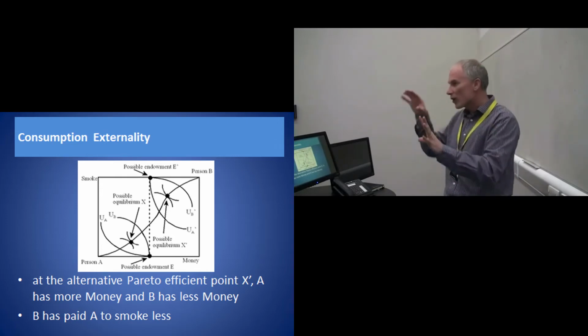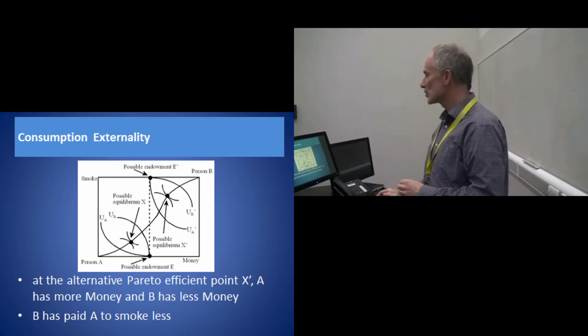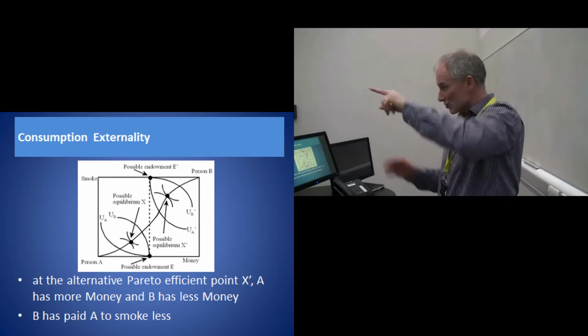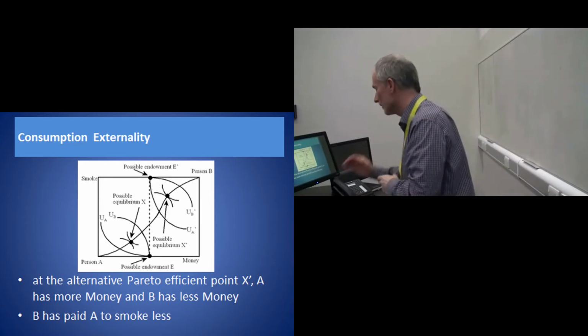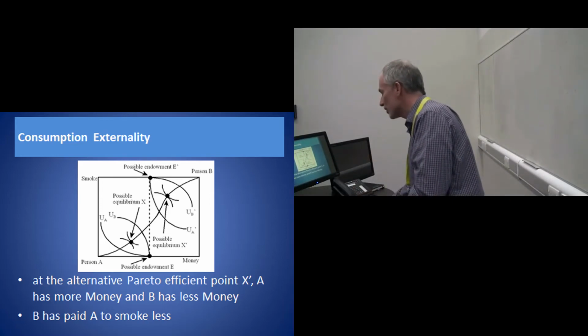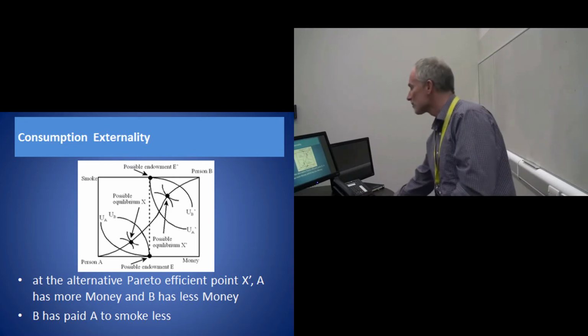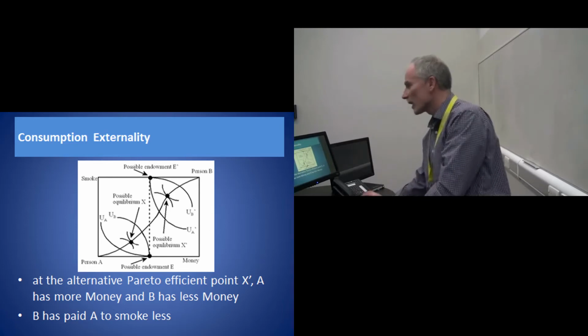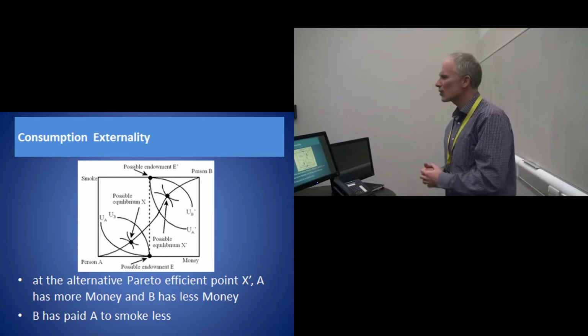This time though, look what's happened. We started off where they had exactly the same amount of money. They were on that dotted line somewhere. So exactly the same amount of money, but there was the proverbial smoke-filled room. Now though, at our equilibrium at X prime, person B has less money than person A. And there's also less smoke available. So what's happened?